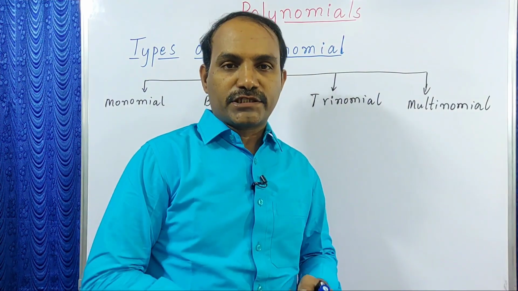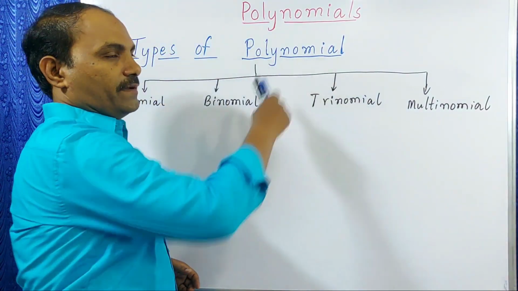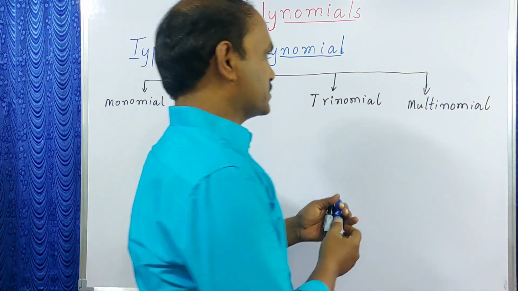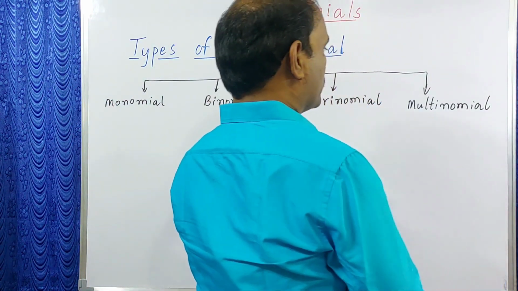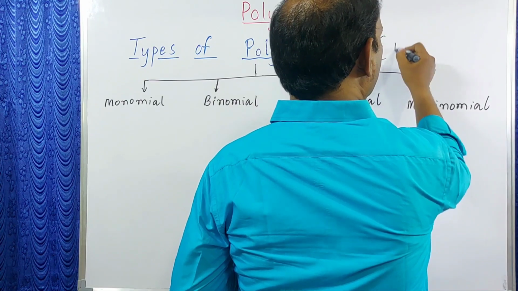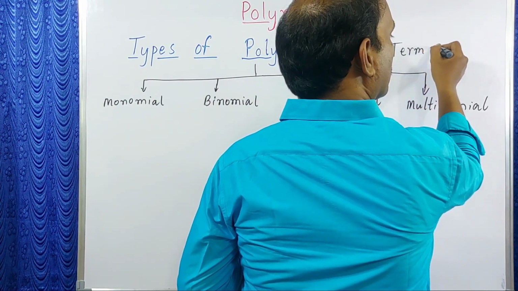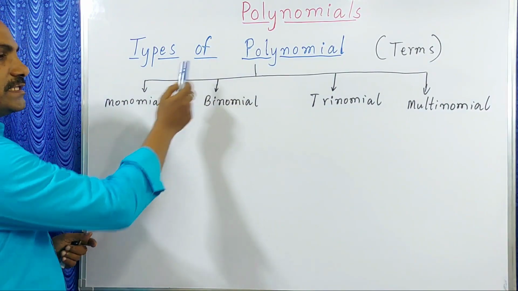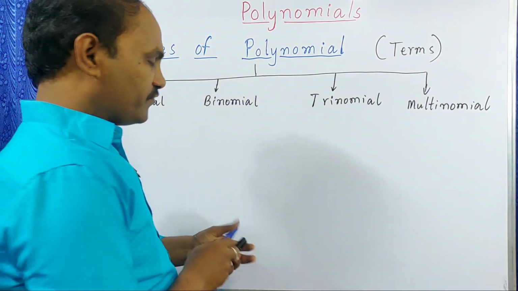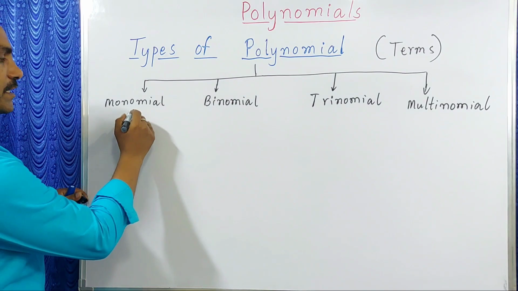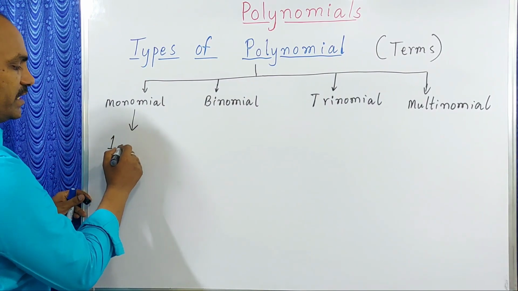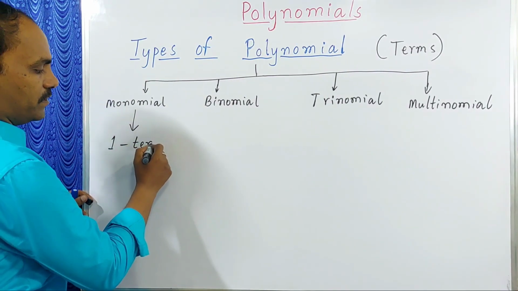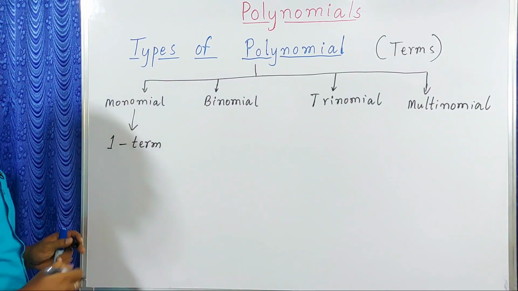Yes. Next topic, types of polynomial. According to the terms, polynomials are divided like this. If the polynomial has only one term, then it is called a monomial.